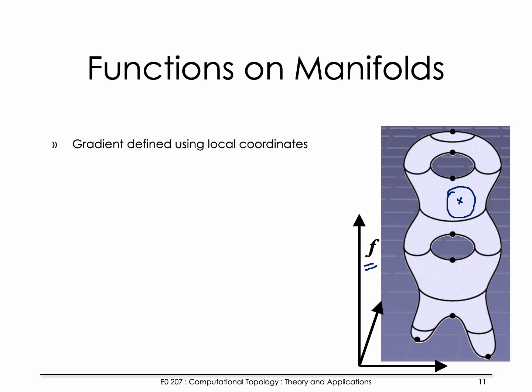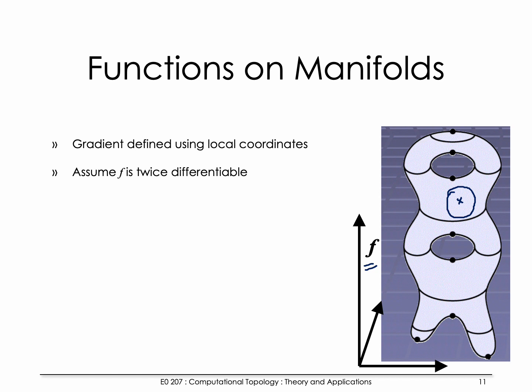The gradient can be defined using these local coordinates. So hence the gradient is defined at every point. Note that we want the function to be twice differentiable, so we'll assume that that is true even here, right?